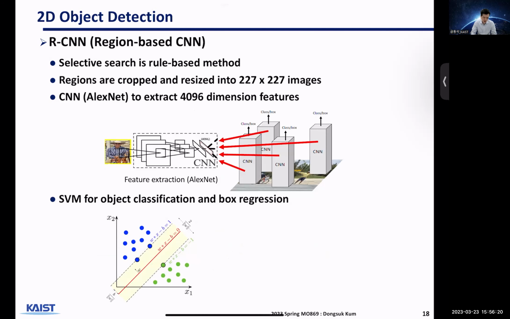This slide describes that. The region proposal was initially a rule-based method, meaning that it wasn't done by a neural network.